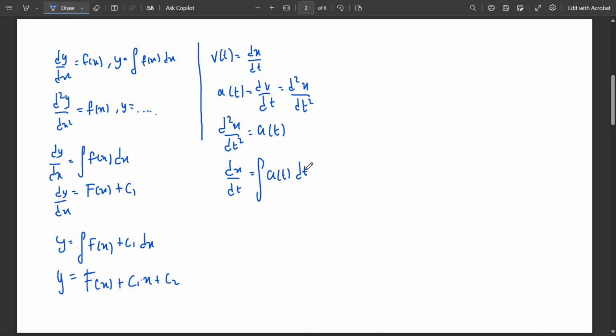Let's say in this case a of t is a constant, so a of t equals k. Then dx/dt, or the velocity function, remember, the velocity is just the change of position with respect to time, is the integral of a of t, which is k, times dt.